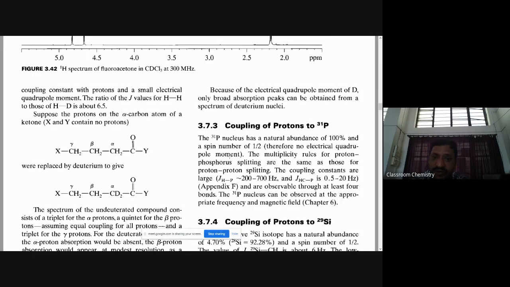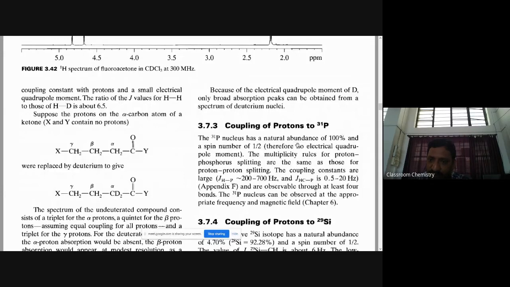Therefore there is no electrical quadrupole moment. So two things are important. First, P31 natural abundance is 100%, and its spin number is 1/2, and therefore it does not have an electrical quadrupole moment. All of you understand? The multiplicity rule for proton-phosphorus splitting is the same as that for proton splitting.